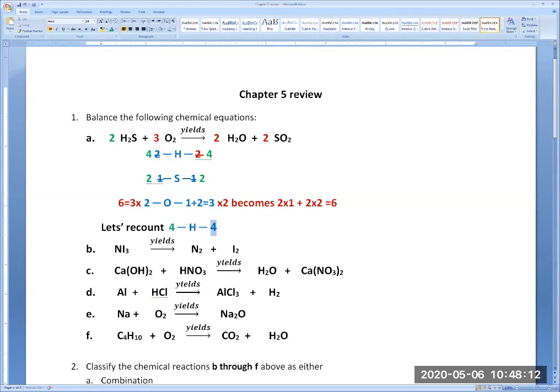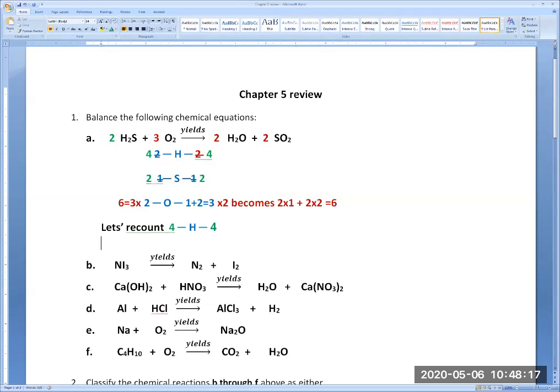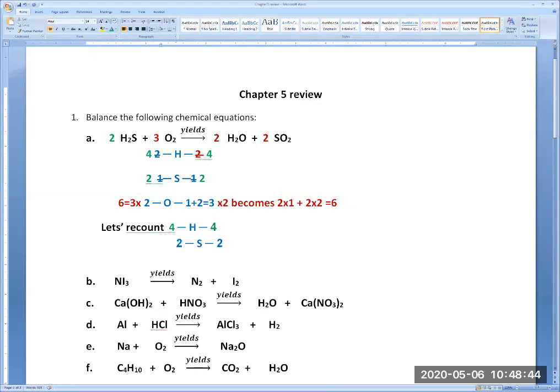So 4 on the right. Let's do sulfur. Maybe I should do that on the drawing board. Sulfur, we have 2 sulfurs on the left, and on the right we have 2 sulfurs. So that's good. And then finally oxygen.